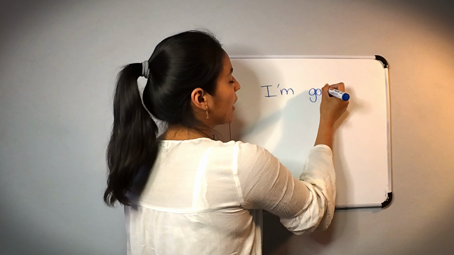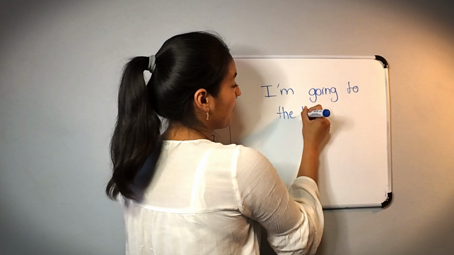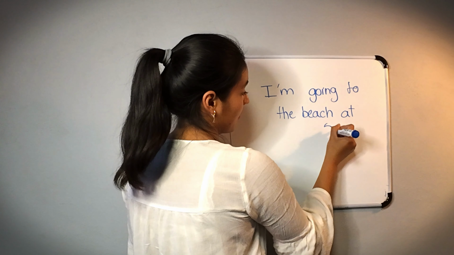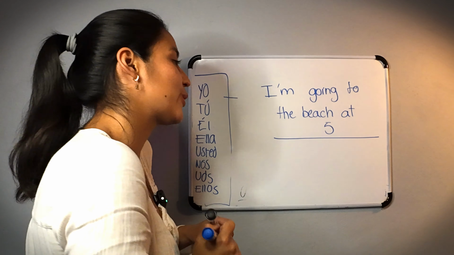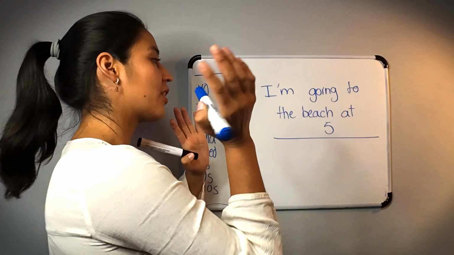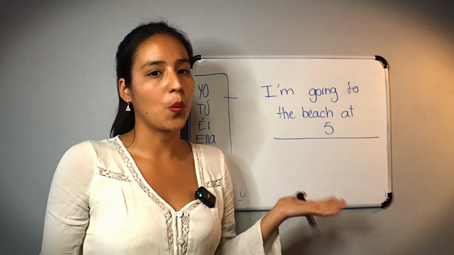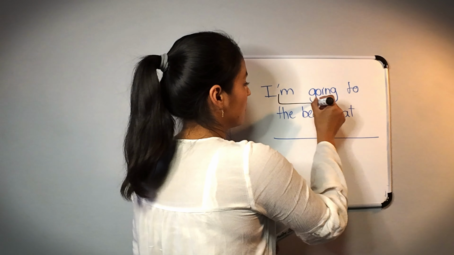I'm going to the beach at 5. And if you are just starting to learn Spanish, you are going to want to translate this exactly the same way, because we also have this form.